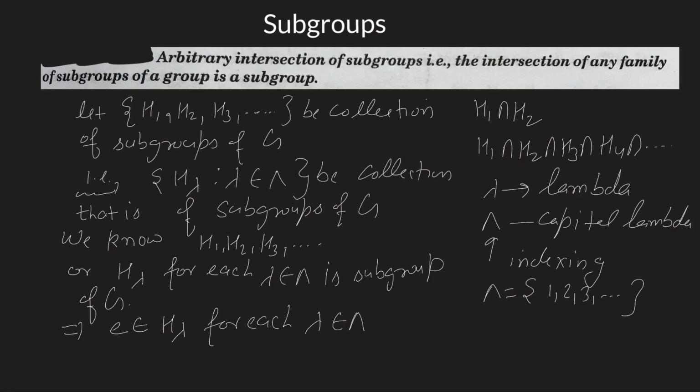Means in each and every one of H1, H2, H3, in any number of subgroups, there will be the identity element.